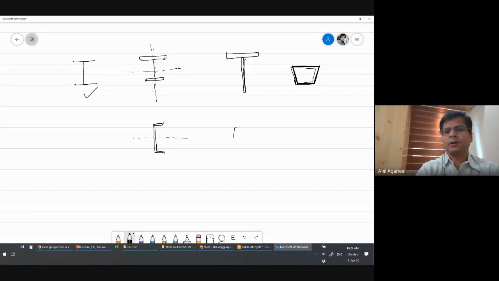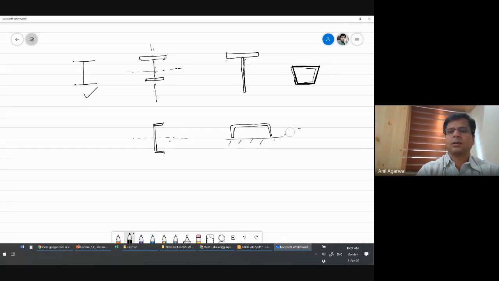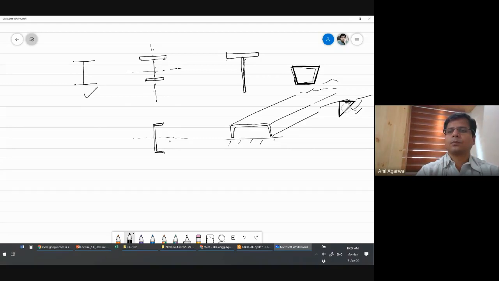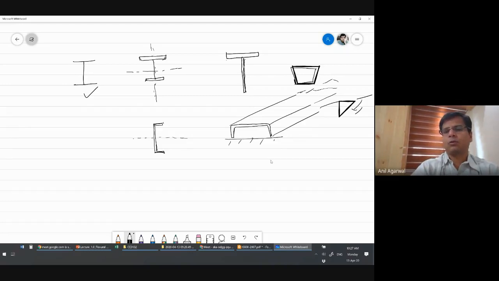Similarly, how about this one? This is a beam which is supported like this, and the beam is spanning this way, and then it is extending, and then there is another support on the other side. Okay, so you understood, right? So for this kind of beam, how do we calculate M critical?